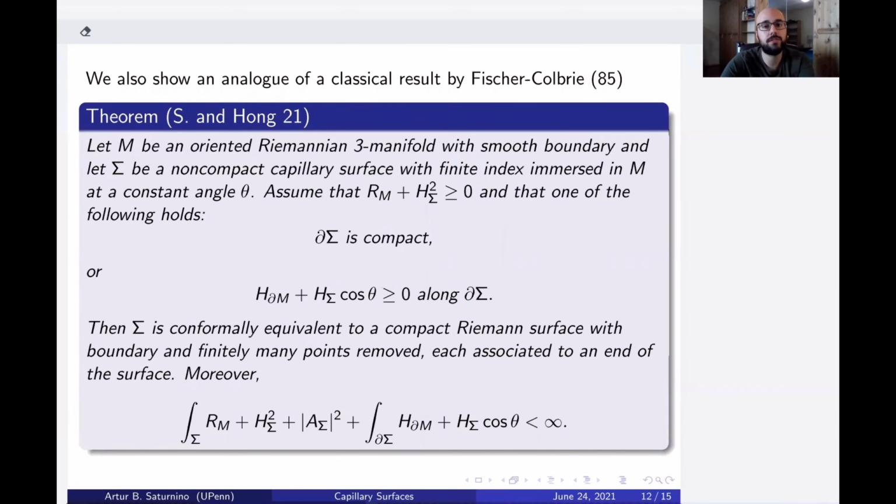Okay, the second result is an analog of a classical result of Fischer-Colbrie for minimal surfaces, and this relates the index to the conformal structure of capillary surfaces. And as you're going to see, this has a lot of interesting applications. This really opens the door for some of our other results.